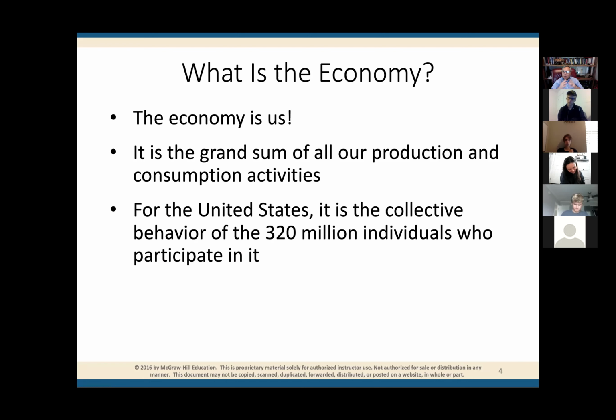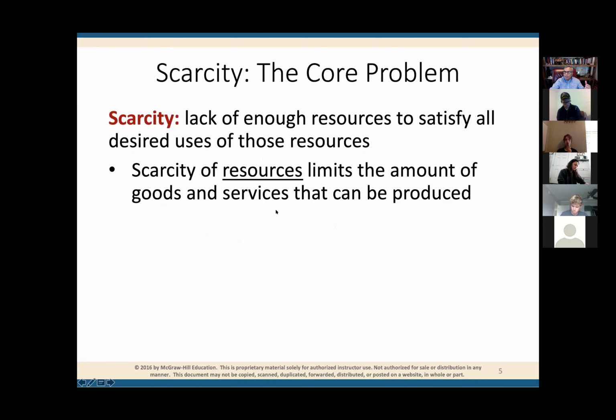They make decisions about what to do, what to buy, what to sell, what to consume, where they are going to go to work. In other words, we make decisions every single day. So the economy is us. It's the sum of all the production and consumption activities that we engage in on a simple day, right?